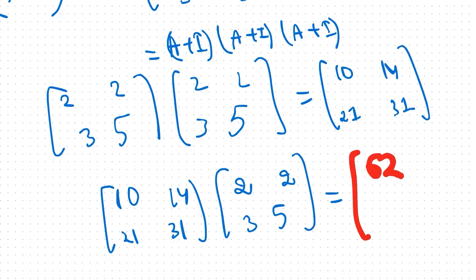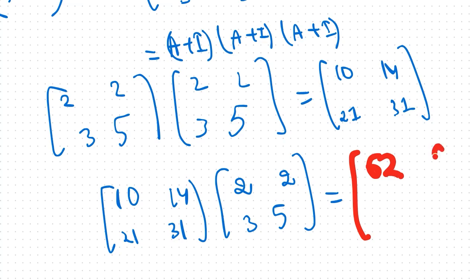Next, 14 into 3, right? Oh, okay, it was 20. Then 20 plus 70 is 90. It's not like this: 14 into 5, right? 20.